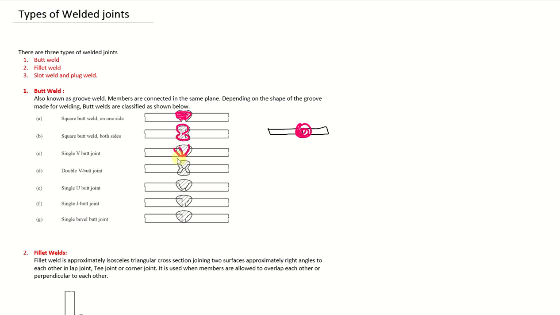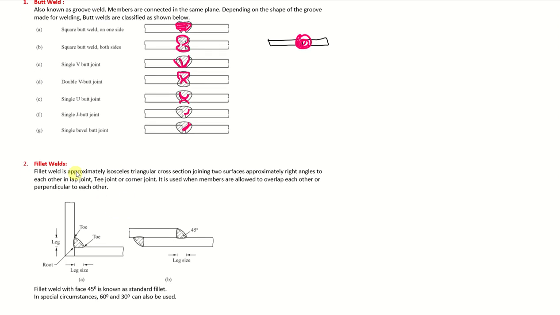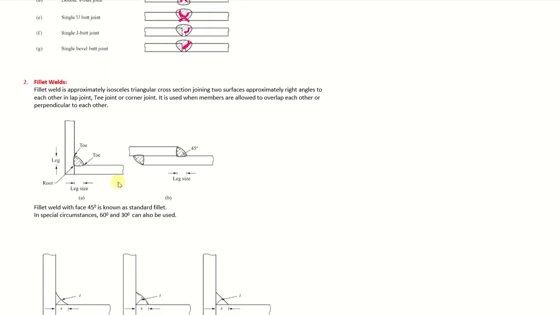Double V butt joint. So here two sides and here double V is because of this cross sectional shape. This is a single U. Single V, double U also will be there like this. Single J butt joint. This is J and single bevel butt joint. Okay, fillet weld is approximately isosceles triangular.